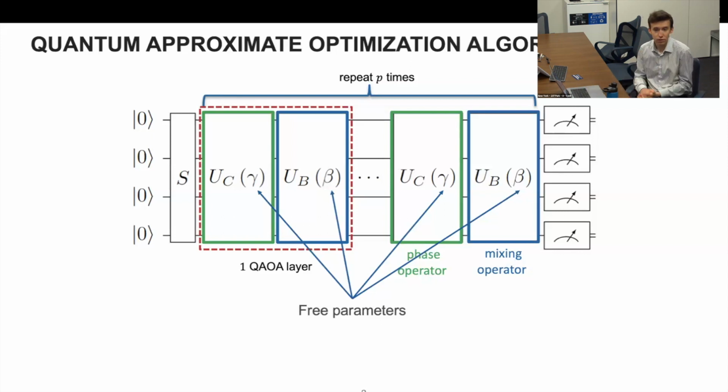What I'm going to discuss today is that in a broad range of cases, this parameter setting problem is in fact easy. We can either obtain analytical parameters in closed form, or we can show that the optimization is simple.